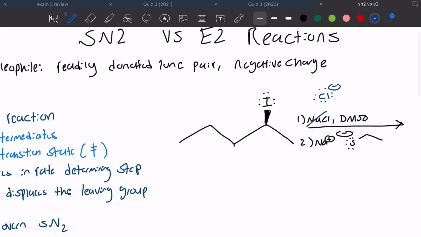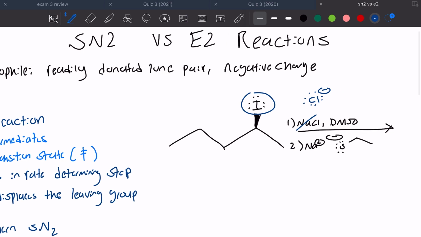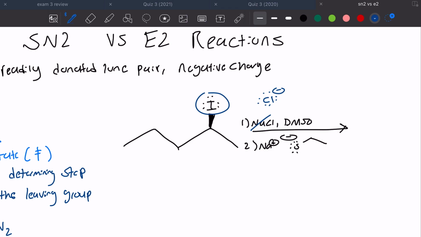And it's kind of obvious that iodine is going to be the one that gets displaced. But we look at DMSO as our solvent, and wonder, is this going to be a good solvent for SN2 or E2? Knowing DMSO, this is actually a polar aprotic solvent.